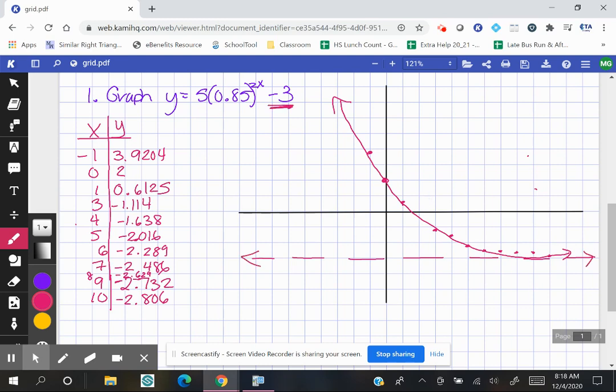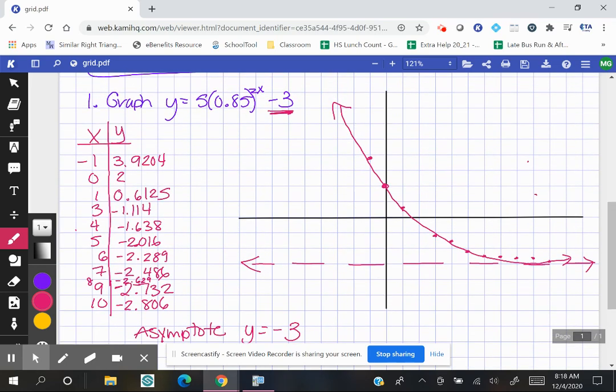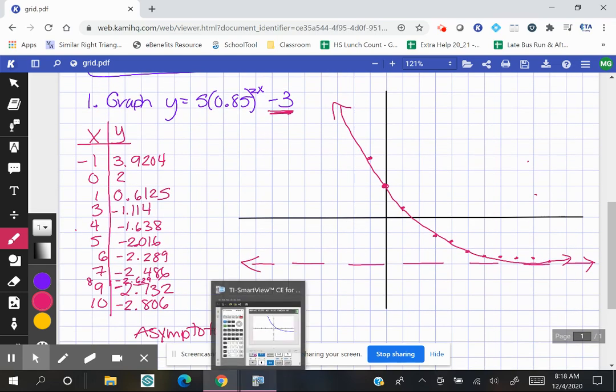Normally if you have y equals 0.85 to the x, then you would have an asymptote at the x-axis. But since we shifted it down 3, the asymptote moves down 3 as well. So the asymptote is going to be y equals -3 for that equation.